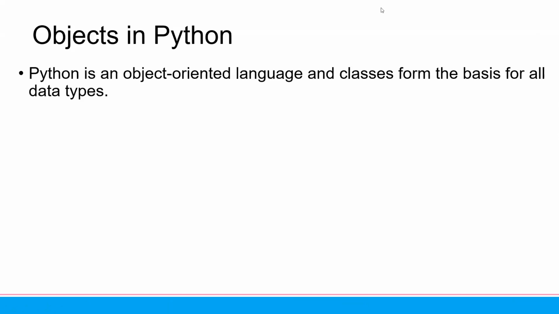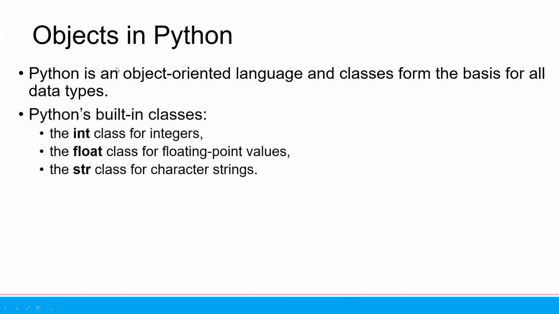And the classes form the basis for all data types. It is more convenient compared to other programming languages because Python is very flexible on the data type. In Python, we need to understand there are some built-in classes for the data.